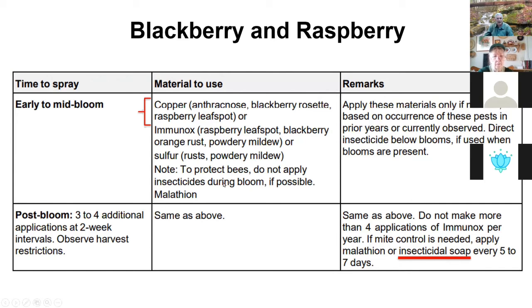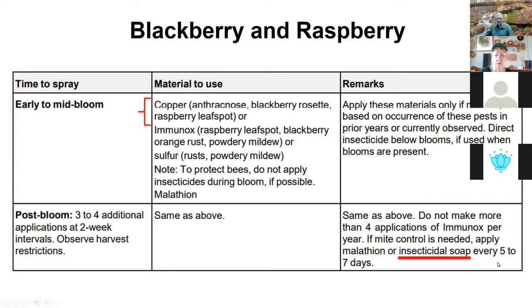So with these blackberries and raspberries, not a lot that is listed for homeowner use. Copper for controlling some of those blackberry diseases, Immunox as well. And so, other than disease, not a lot of pest problems with those.